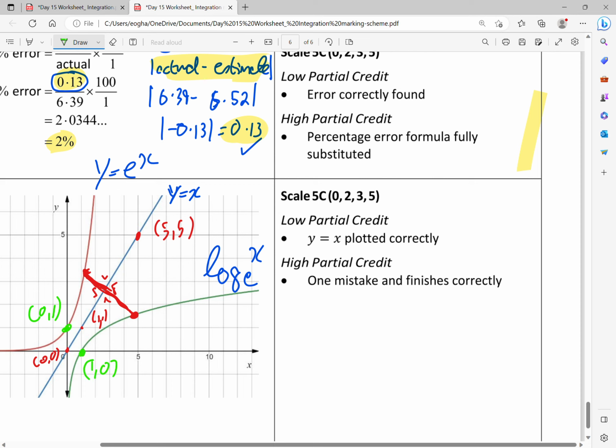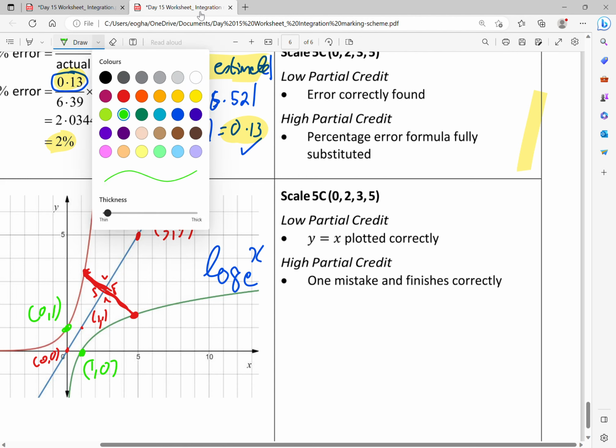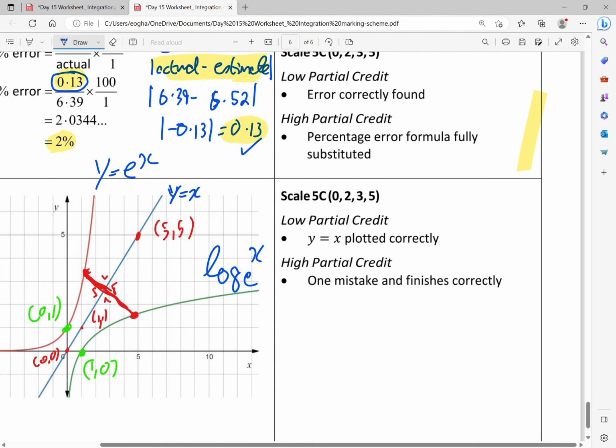Okay, so you could do that, or as we've seen before, you could take a few points. For example, this is the point 0, 1, and if you switch the x and the y coordinate around, you're going to have the point 1, 0, and that would be on the inverse function.